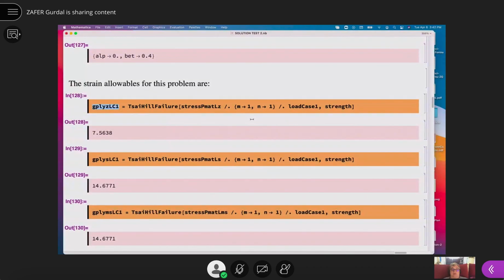I think that'll be better if I do. I'm going to copy this line. Oh, I can't do this. Psi-Hill will not take parametric. Yeah. Now I know the reason.